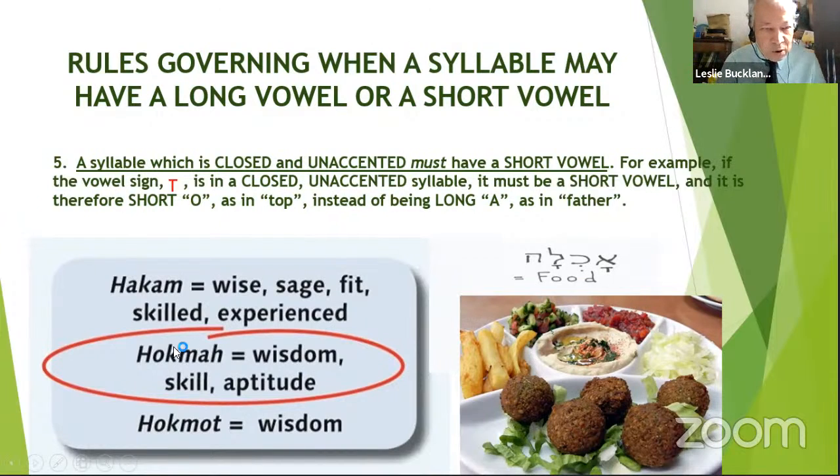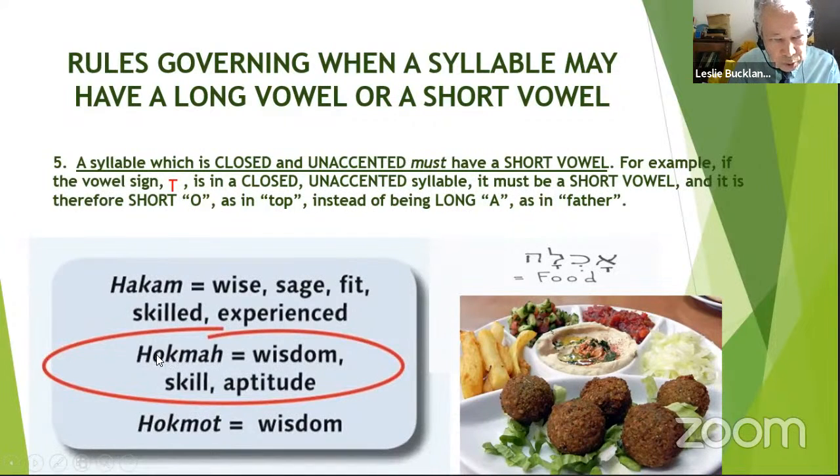Now here is another one in English letters. This represents the consonant Keth. And this is the symbol that you see here. How will we know whether it is an A or an O?